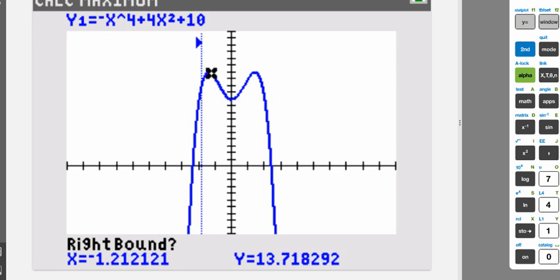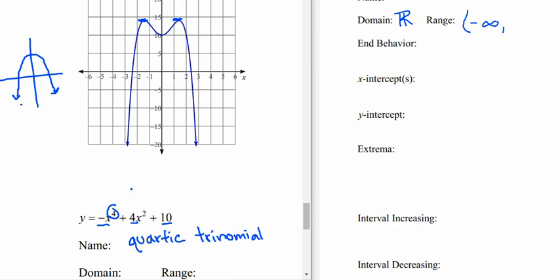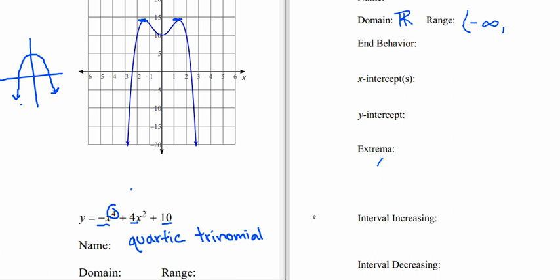Then we need to hit the right arrow key to get to the right side of it and hit enter again, and one last time. And you see the maximum, negative 1.414214. We'll round it to negative 1.4, comma 14. So extrema, negative 1.4, comma 14. And that is a maximum.